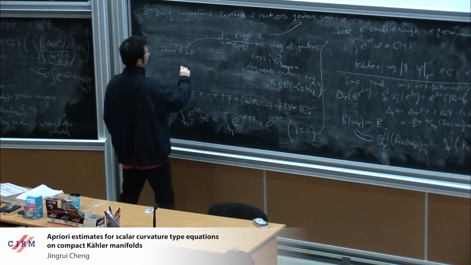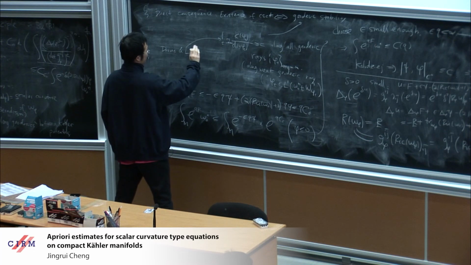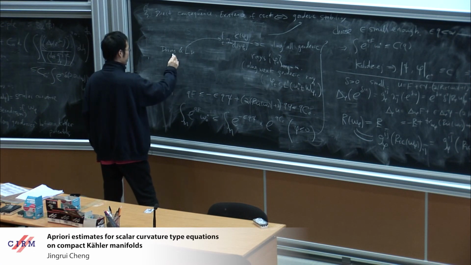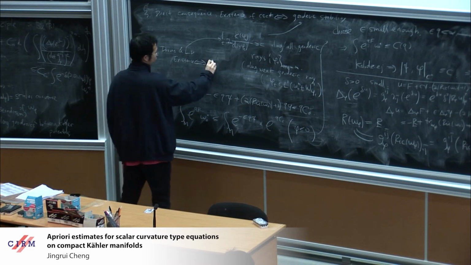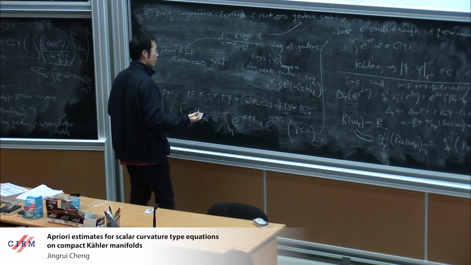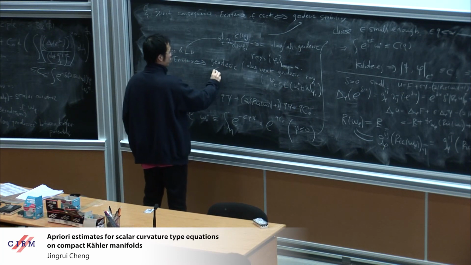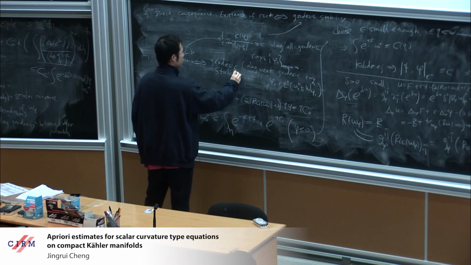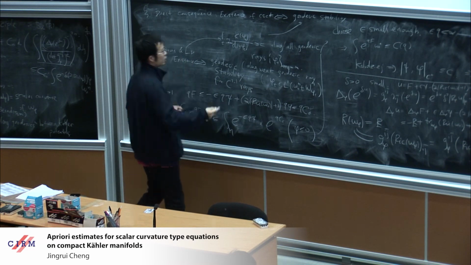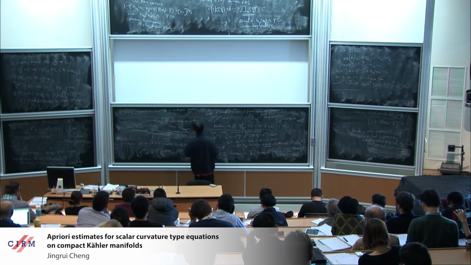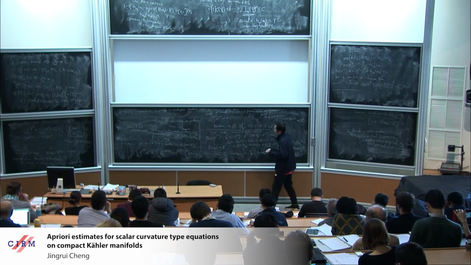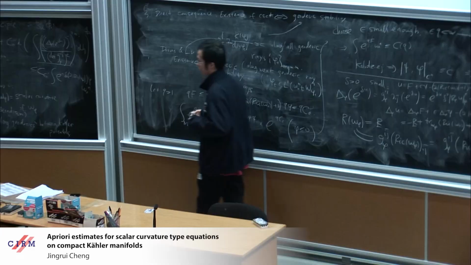They say that existence is equivalent to geodesic stability only for C11 rays, which means that along the ray, the potential has bounded complex Hessian.